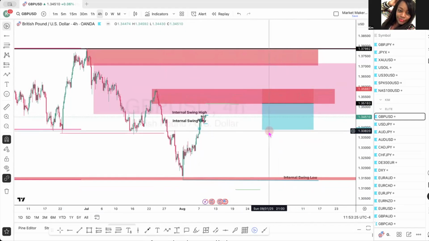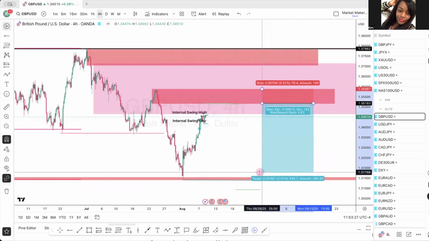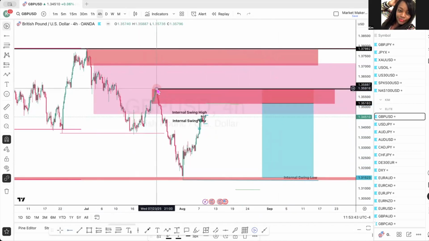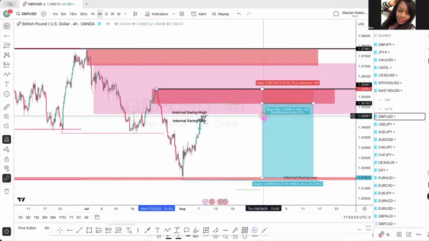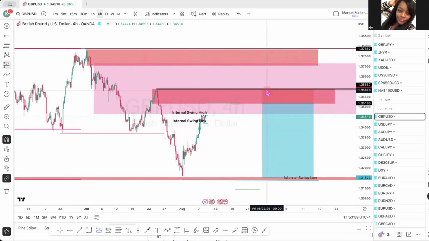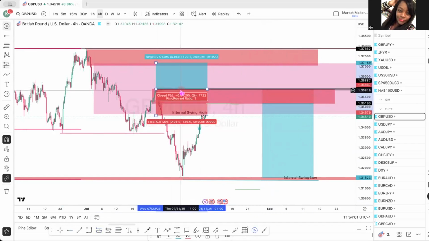That's a 70 pip stop loss. Say you wanted to take your trade down to this zone, but if price decides it wants to go up here before selling, this is where you set a hedge. A buy stop right here would be the hedge of this stop loss for the sell. Then the hedge would pick up right here.